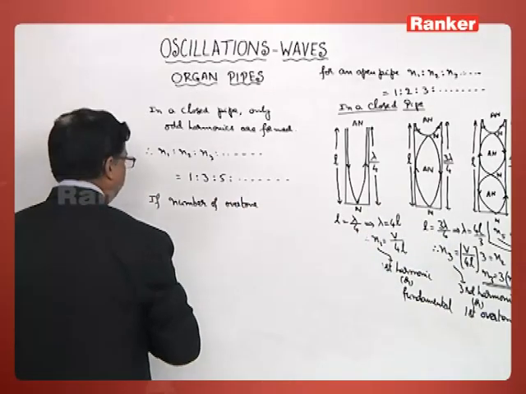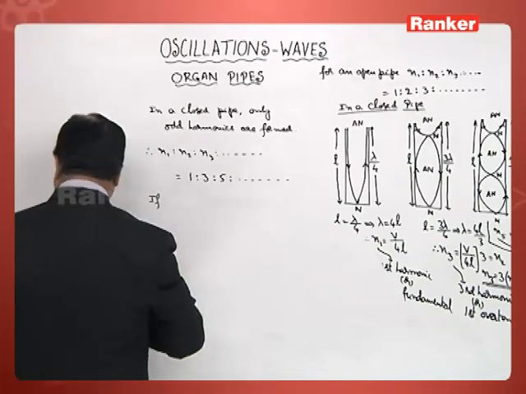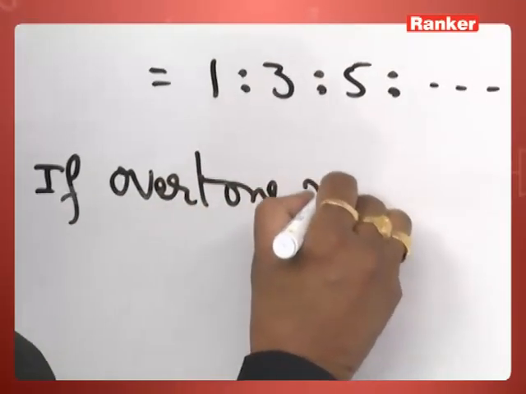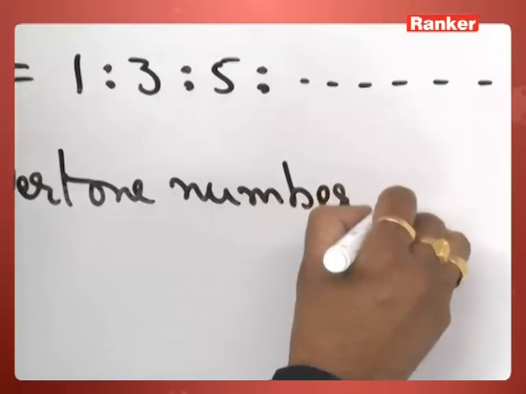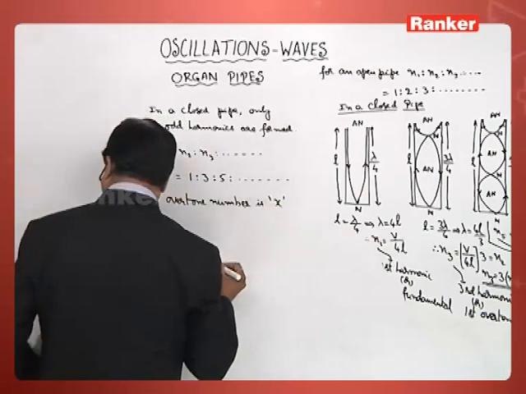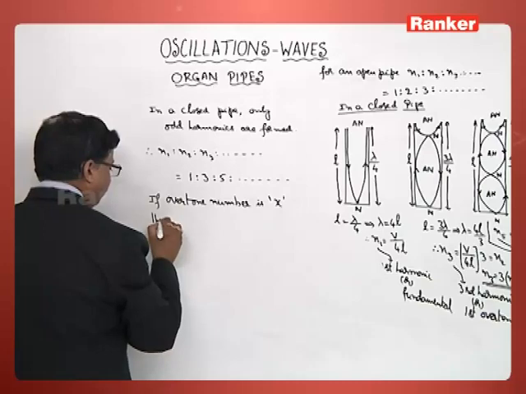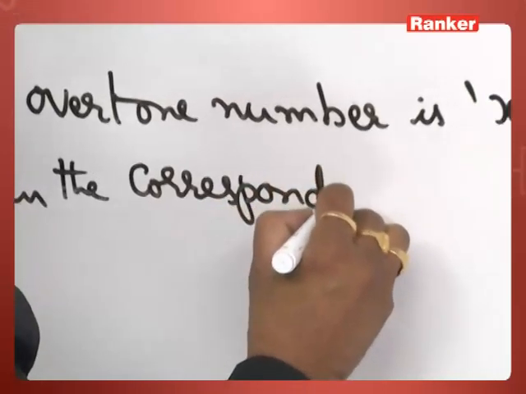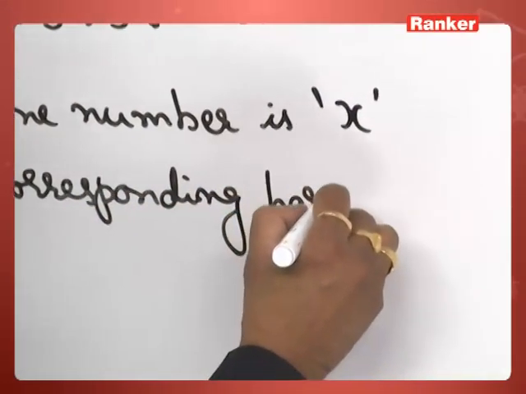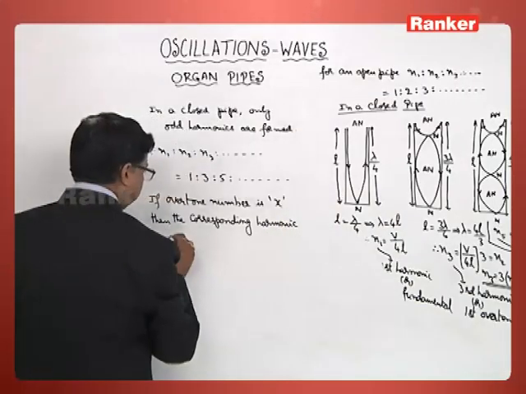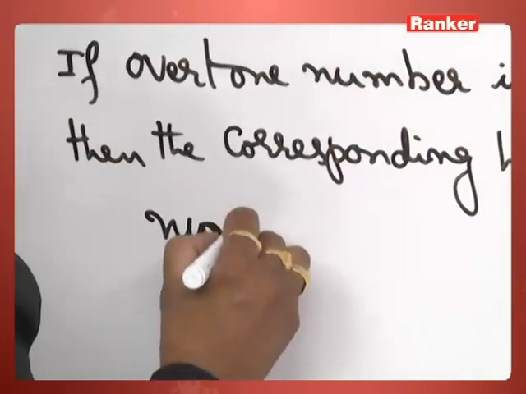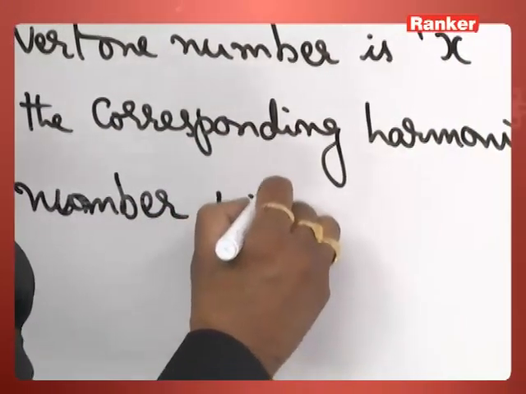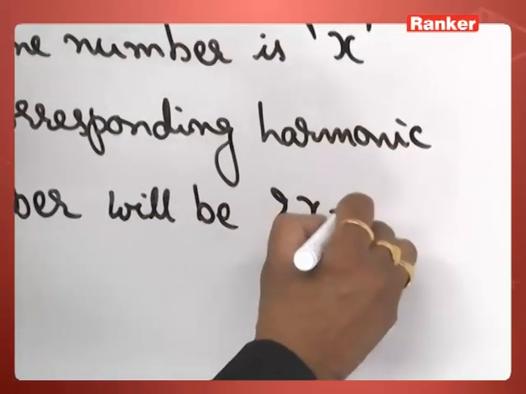In other words, you can remember it like this: if the overtone number is x, then the corresponding harmonic number will be 2x plus 1.